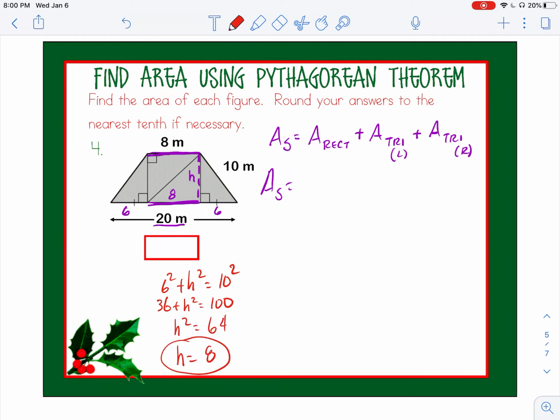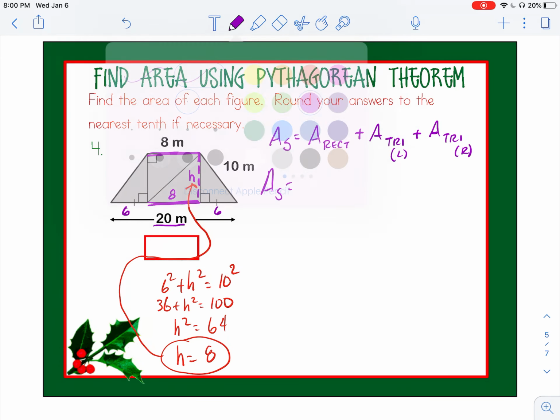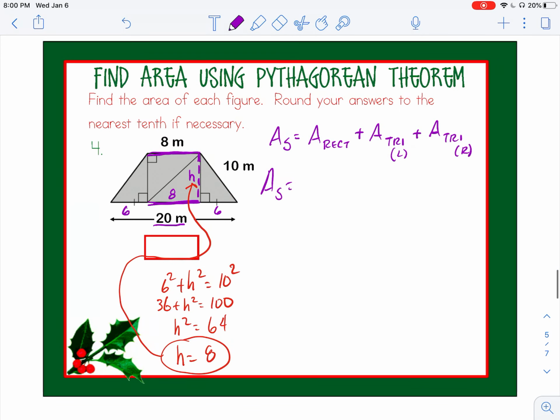And now that we know that, now we can go finish that original formula we started with. So length and width of the rectangle would be 8 and 8. For the triangle, since they're congruent, it would be 1/2 times base times height.